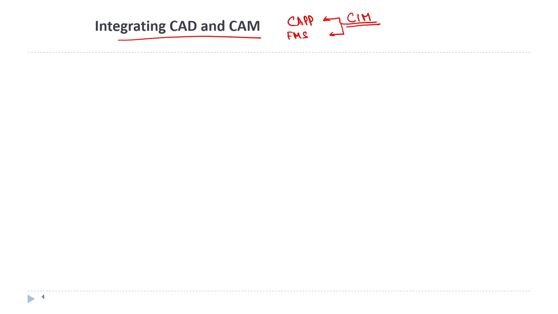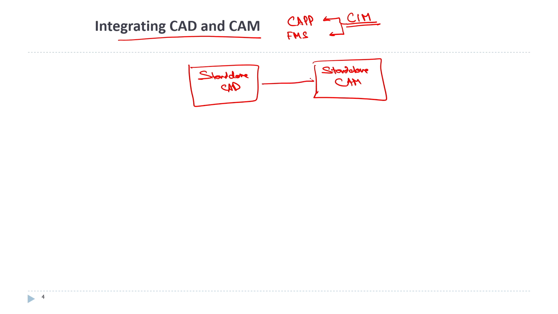So, to meet the challenge of having a centrally integrated CIM database, we need to have an attractive practical link between multiple standalone CAD and standalone CAM, a communication between them. Now, the linked CIM system would rely heavily on the communication software that links these hardware, mainly the computers.